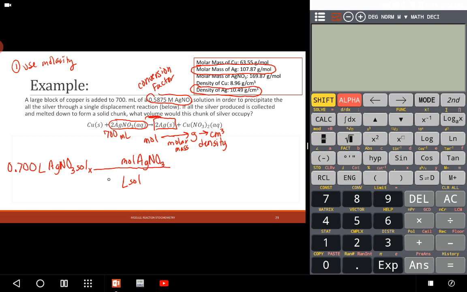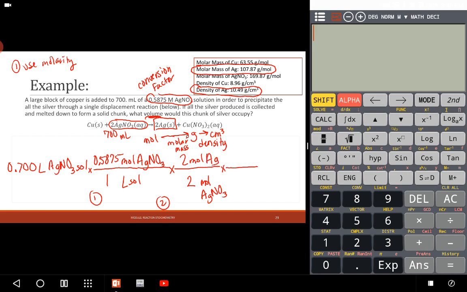That's going to be 0.5875 moles per 1 liter. Now that I'm in moles, I need to change substances using my molar ratio. And so that is going to be a 2 coefficient there and a 2 coefficient there.